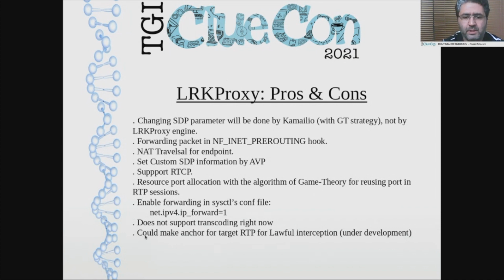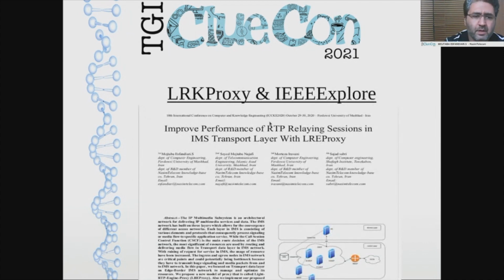With LRK proxy, you could make an anchor to target RTP for lawful interception, under development with the HIOps module. It is our paper that was published in IEEE. You could see more information about this.